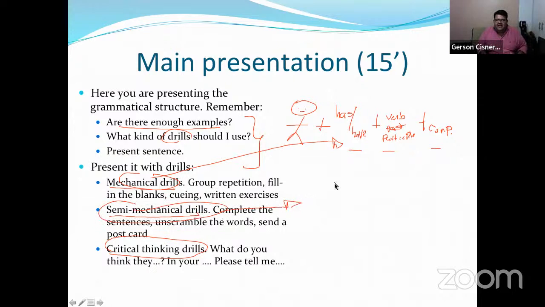In the semi-mechanical, what I would do is put here the figure, a little hair, and I would put Paola. All right? With imagination, this is a beautiful picture of Paola. So then I will go, let's see, what is left? Paola, he or she?